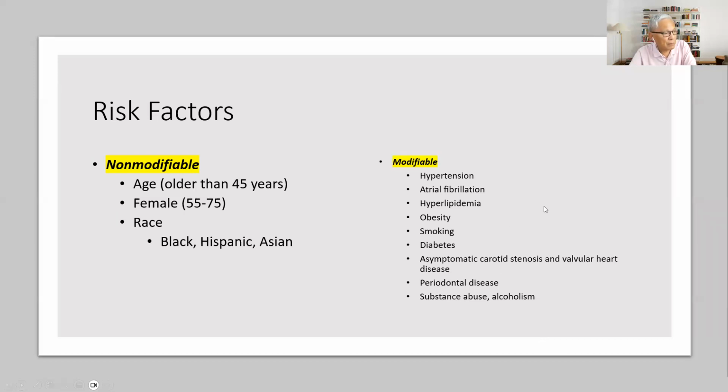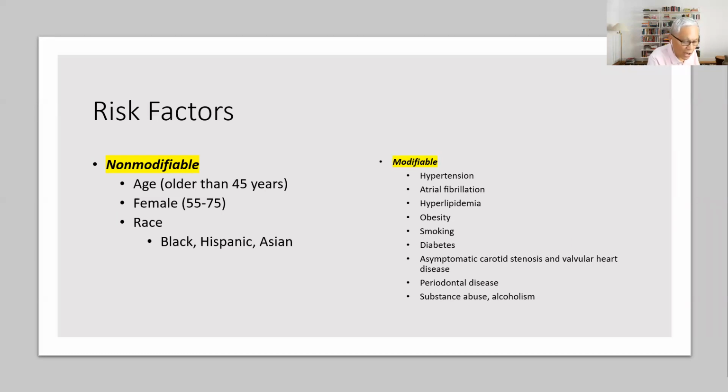The modifiable risk factors are hypertension. Obviously, we can control it. We cannot cure it, but we can control it. Atrial fibrillation. And the reason why atrial fibrillation is a modifiable risk factor is because in atrial fib, the heart does not beat properly, and therefore blood clots can form, particularly in the left atrium.